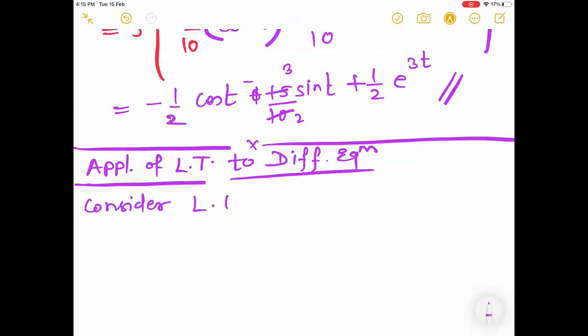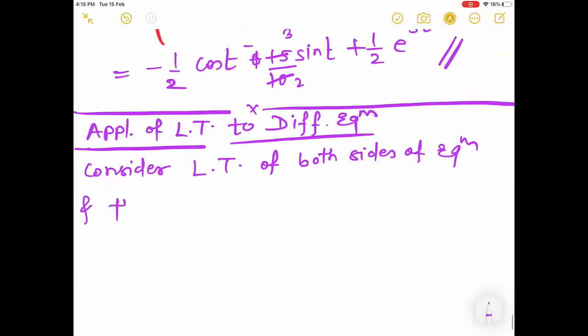Consider Laplace transform of both sides of the equation, and which gives f bar s is equal to some function of s, which gives this f bar s means some function of s.